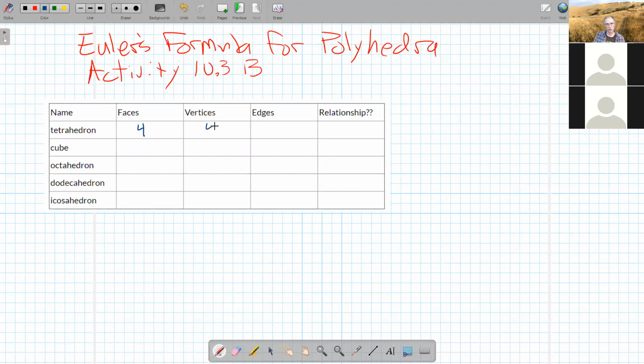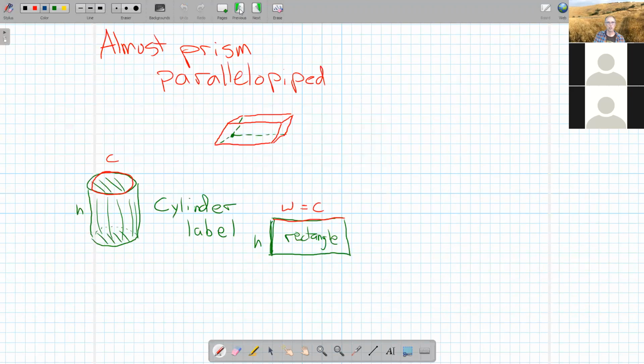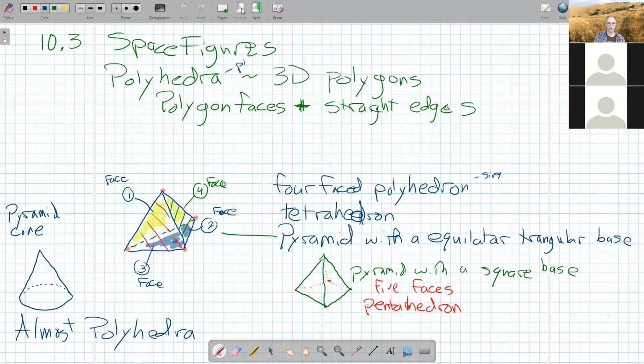And then we have to count the number of edges. And so if we go back, if I start here at the top, there's 1, 2, 3 edges coming down, and then there's 3 edges in the base, so 3 and 3. It looks like it has 6 edges, and please correct me if I make a mistake, because I do.